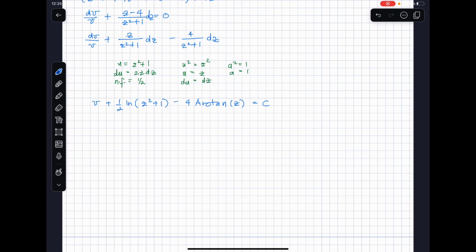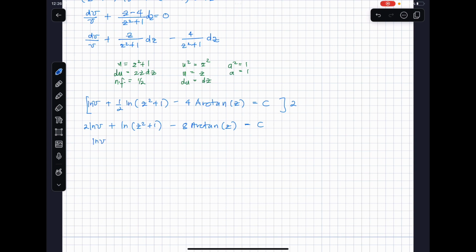And then we can multiply everything by 2. So giving us, sorry, this is ln v. Okay. So 2 ln v plus ln of z squared plus 1, so minus 8 arctangent of z is equal to c.